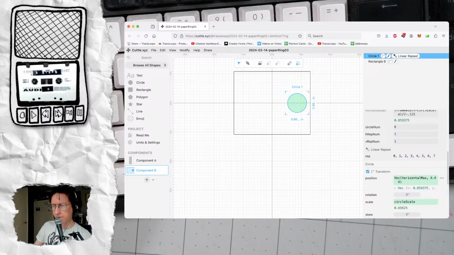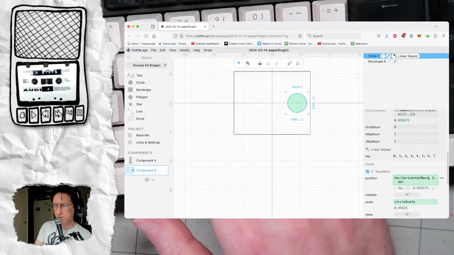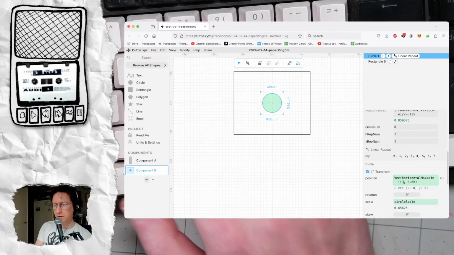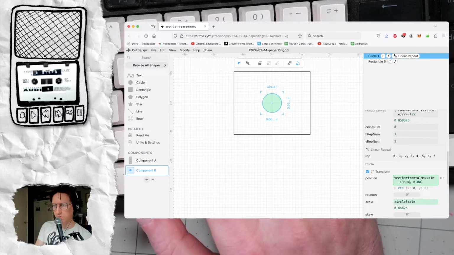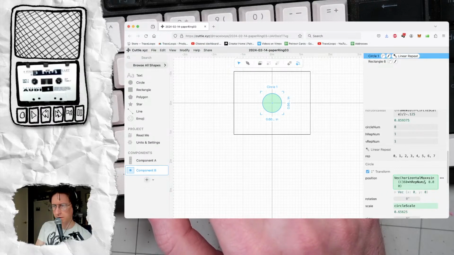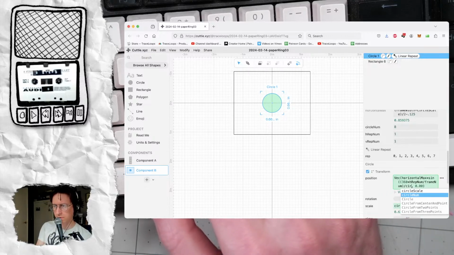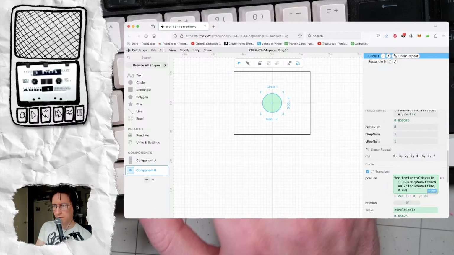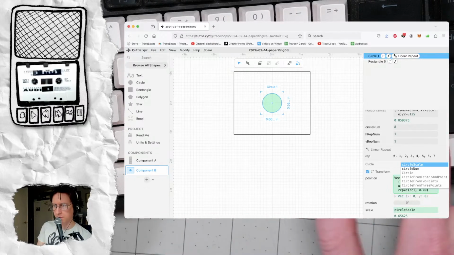Okay, horizontal max times sine 360 times h rep num divided by frame num, divided by circle num, times time minus rep times circle num.